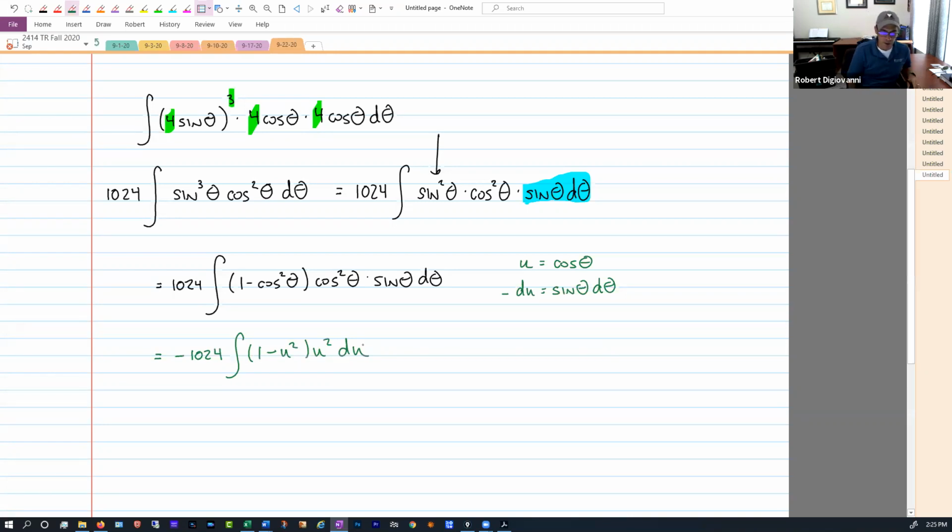Replace all the cosines with u's. Replace sine theta d theta with negative du. I pop the negative to the outside. Distribute the u squared through. I'm down to a polynomial now. Power rule.